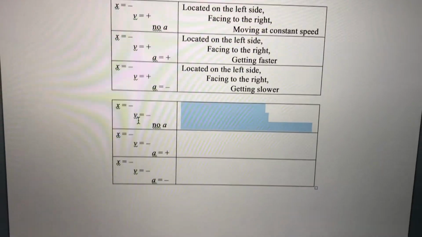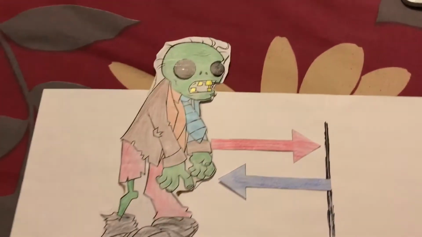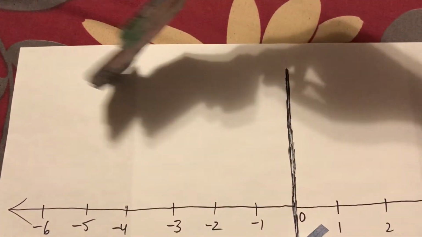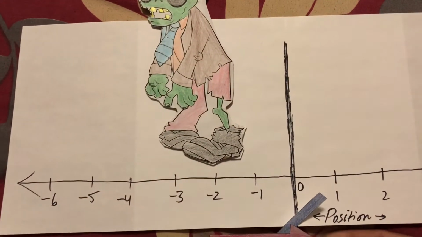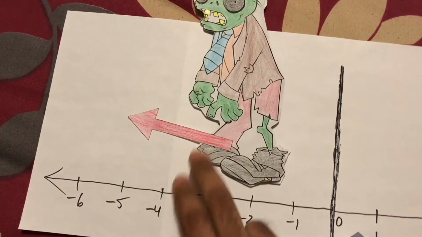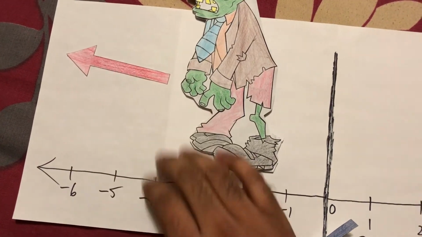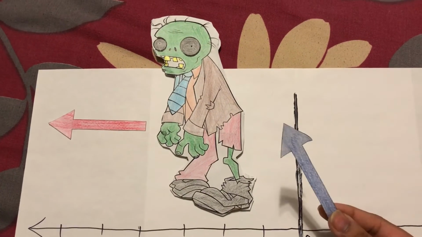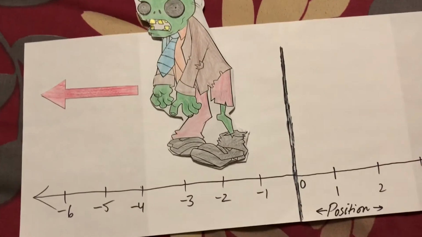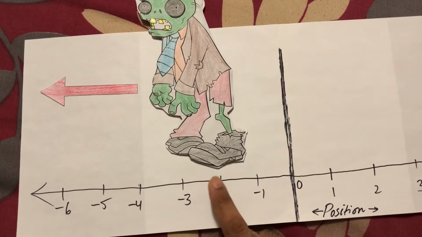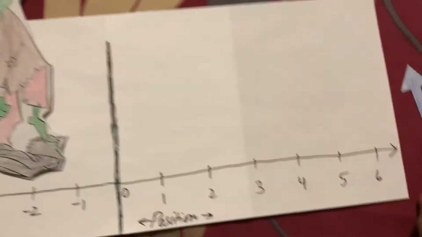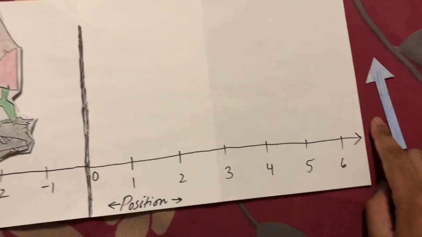Now the last block, x is negative, v is negative, no a. So you're still on the left side, but the v is negative, which means you're going to be facing somewhere to the left, something like this. But no acceleration, so I don't need to use the acceleration arrow just yet. This looks like negative position, facing left, but constant speed.